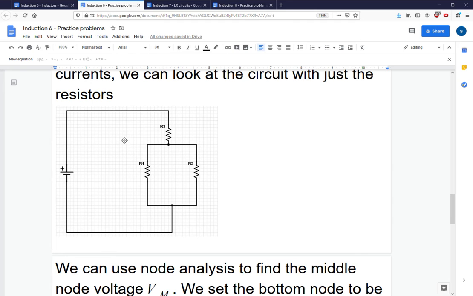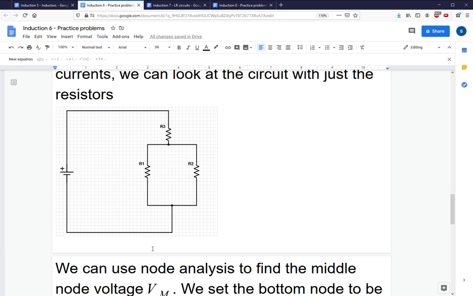We can find equivalent resistances, we can use Kirchhoff's current law, we can use Kirchhoff's voltage law. I am going to use Kirchhoff's current law, or nodal analysis. Recall that for nodal analysis, we select one node to be ground, set the other nodes up as unknowns, and apply Kirchhoff's current law to determine how much current is going through each branch.